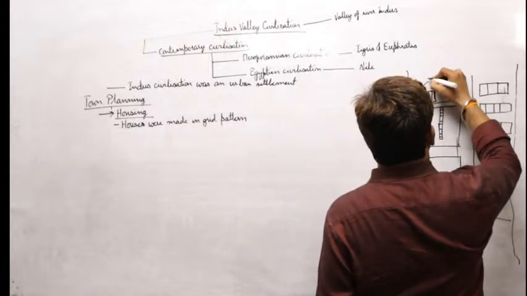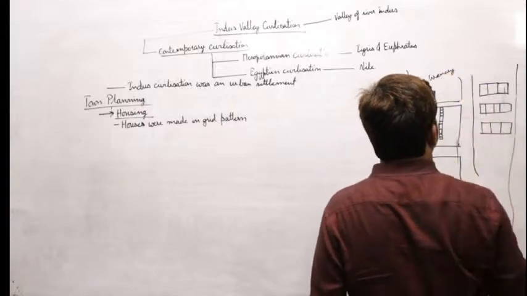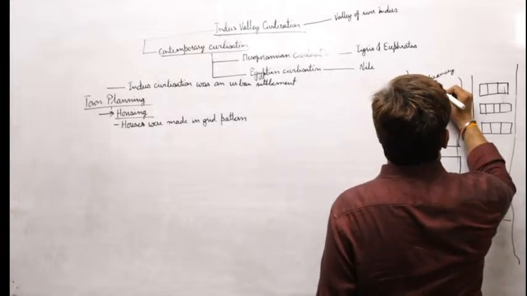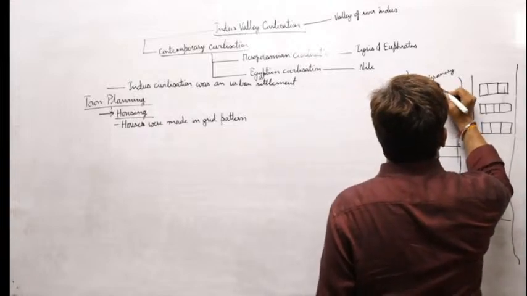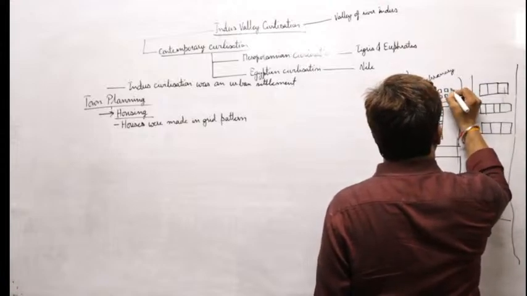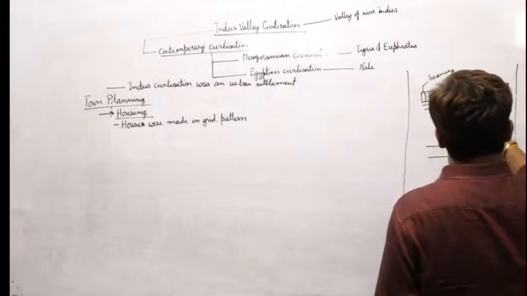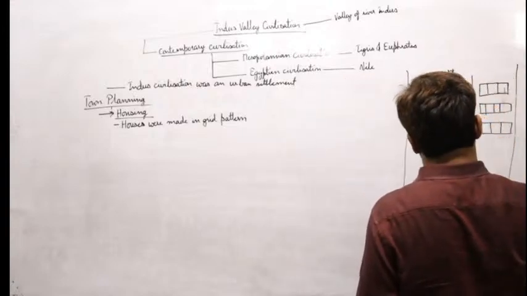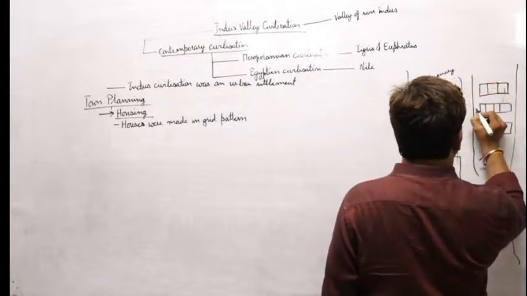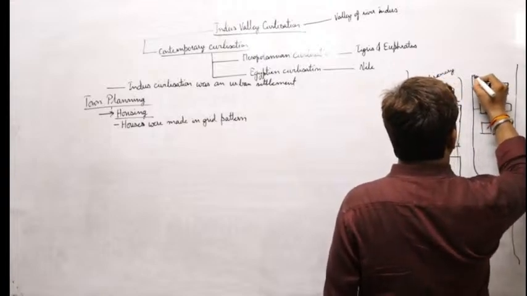So this is a granary, and near granary you could find around there were 6 large platforms of stones. All the houses, they were connected to the main drain.